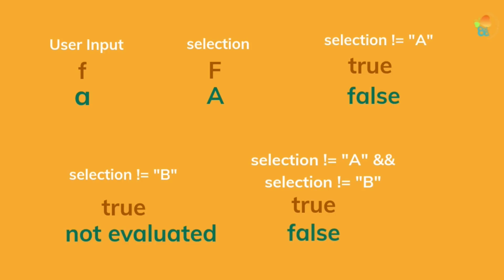And if the user enters uppercase B, then there is no need to transform here. After that it will check the first expression, selection not equal A but it is B, so the expression is true, and then it will check the next expression. As I entered B in the expression selection not equal B, the expression is definitely false. As one expression is false, the condition is false and we exit the loop.